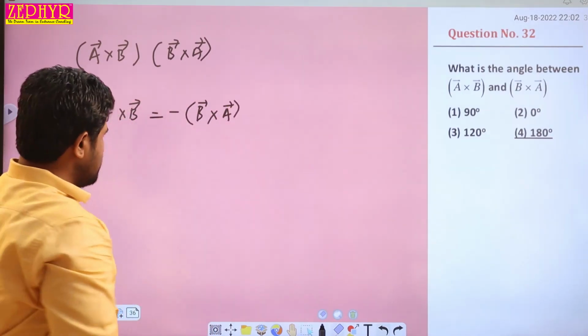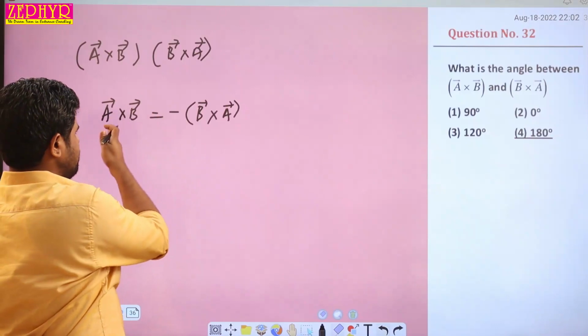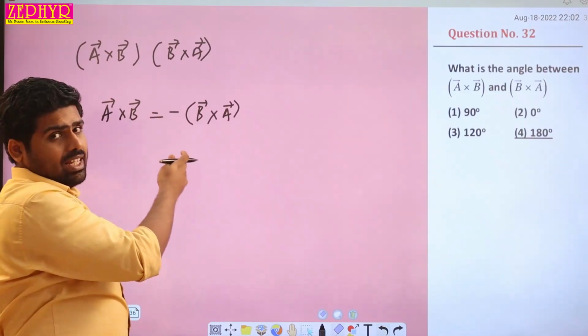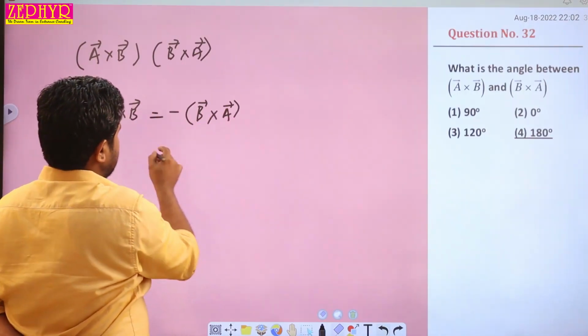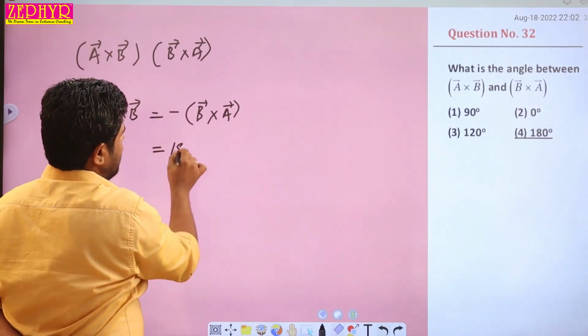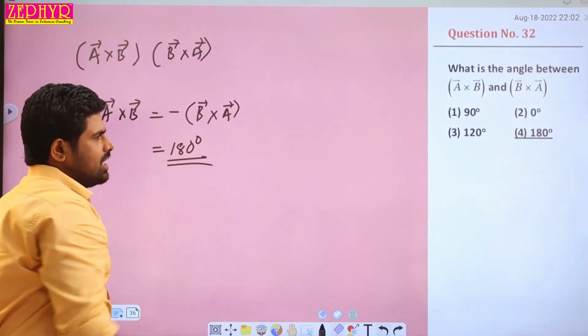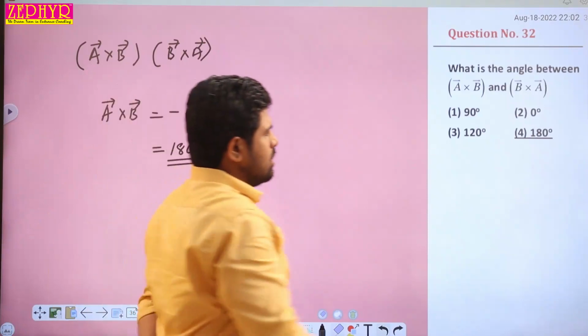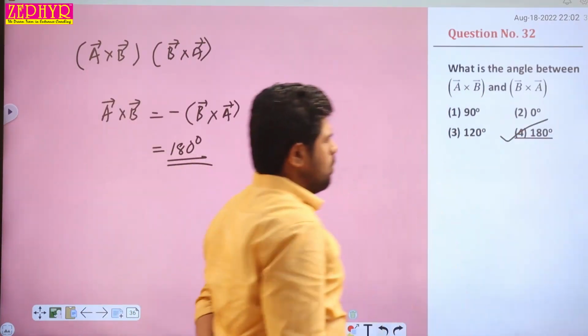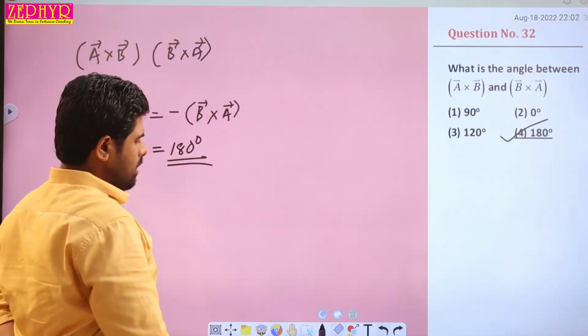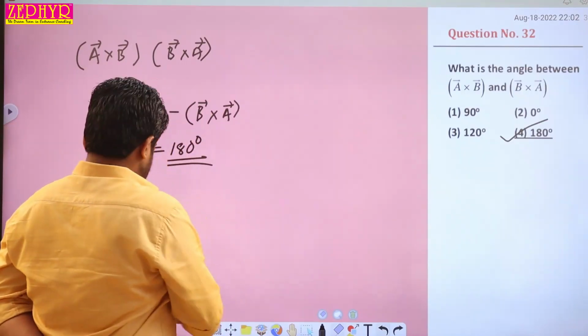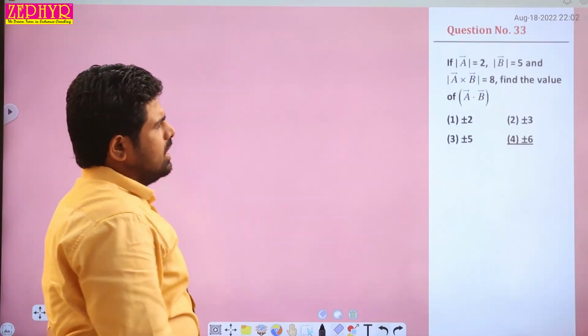This means the angle between them is 180 degrees. This one is a very simple question, so its option is 180 degrees. Then question number 33.